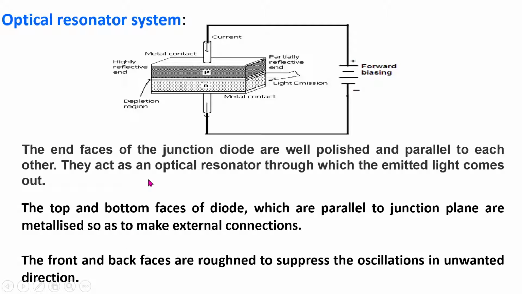These two polished surfaces act as an optical resonator through which the emitted light comes out. This side acts as 100% reflectivity, that is the highly reflective end, and this surface acts as partial reflectivity, so it is known as the partial reflective end.